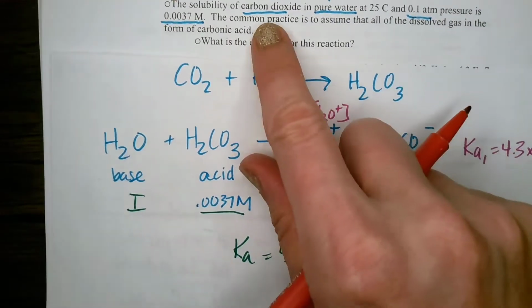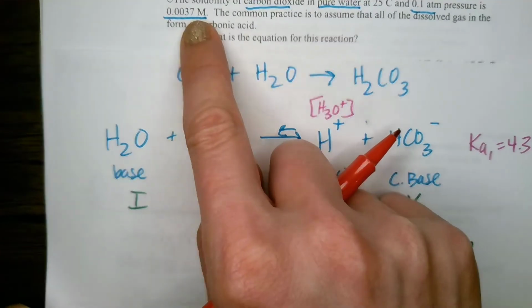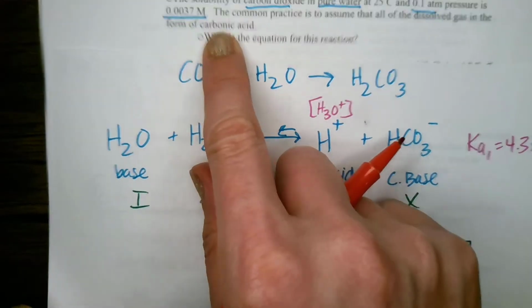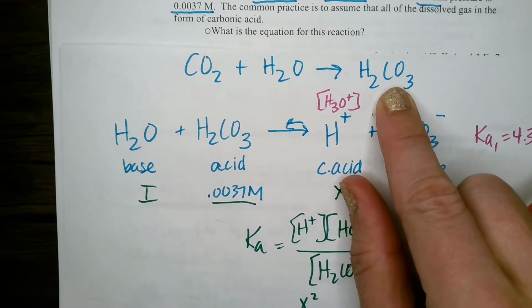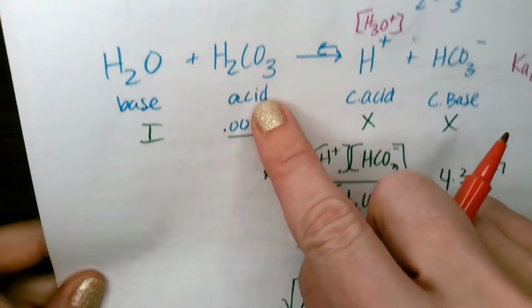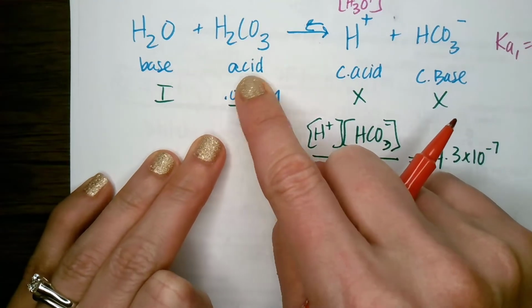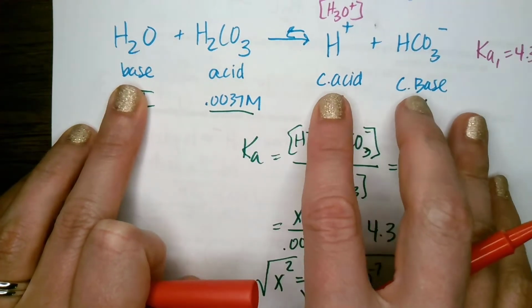All right, good work. So again, to recap what we did, we wrote out carbon dioxide and pure water to give us carbonic acid, H2CO3. We wanted to look at carbonic acid dissociation.